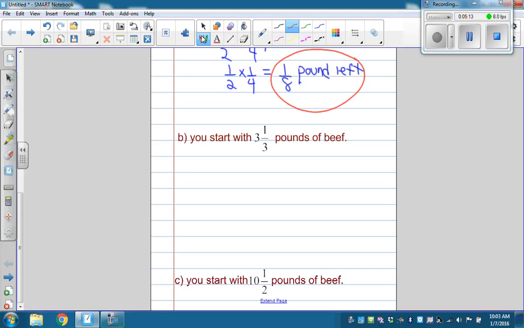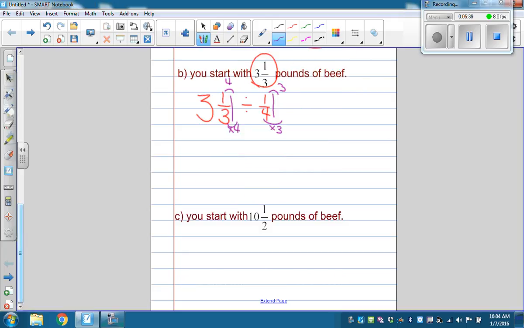Well, first, now we're starting with this much meat. I would take 3 1/3 and 1/4, and I would find a common denominator, because you're going to divide them. So 12ths, because I would have to multiply this by 4 and this by 3, right? So then this is 3 and 4/12 divided by 3/12.